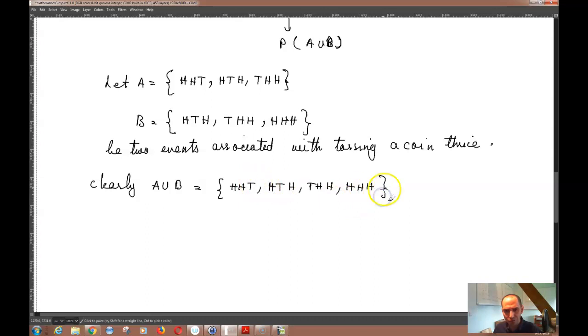So you have 4 outcomes here, and A union B is this set over here. Now, P of A union B is equal to P of HHT plus P of HTH plus P of HHH.